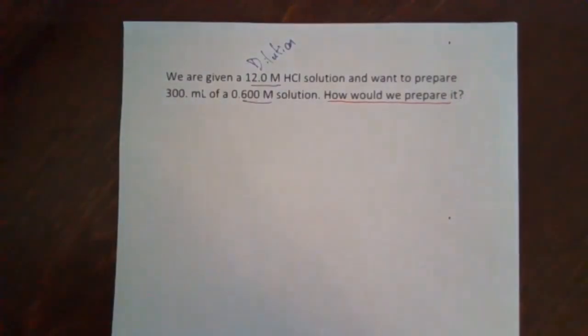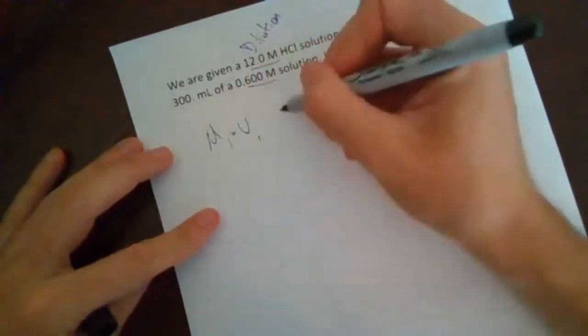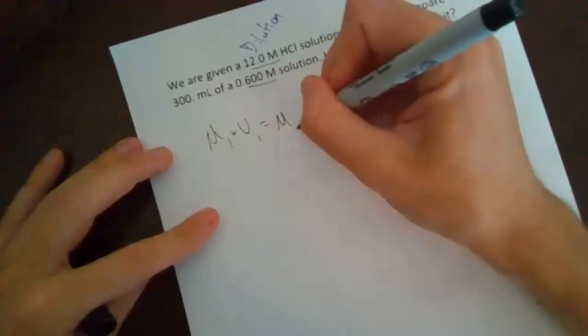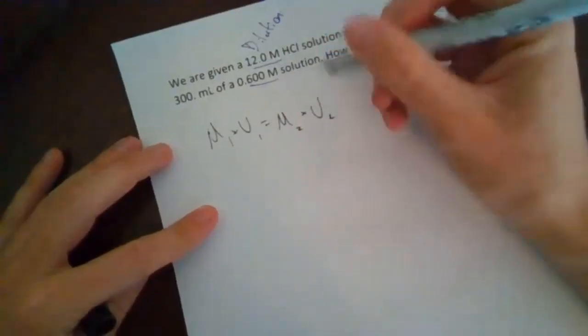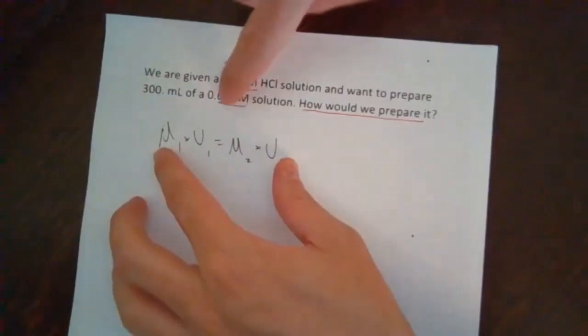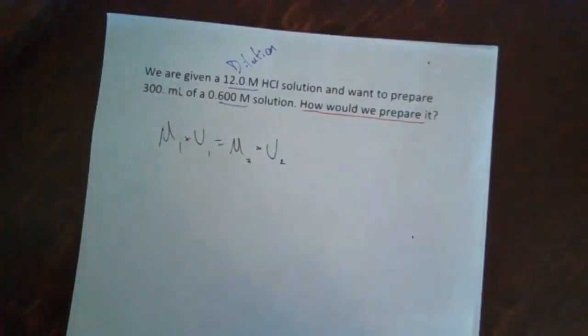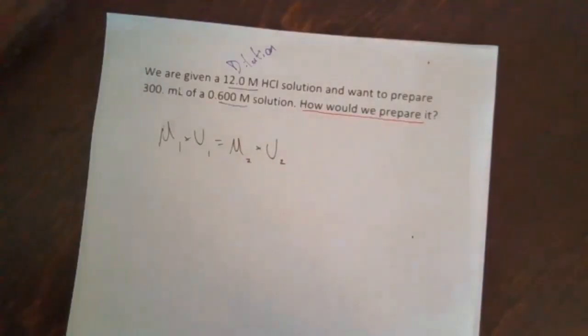Whenever we're dealing with dilution, the equation that we're going to use is M1 times V1 is equal to M2 times V2. And so it's just going to be a matter of figuring out what all we have, right? We're given 1, 2, 3 numbers, and which variables do each of those numbers correspond to?